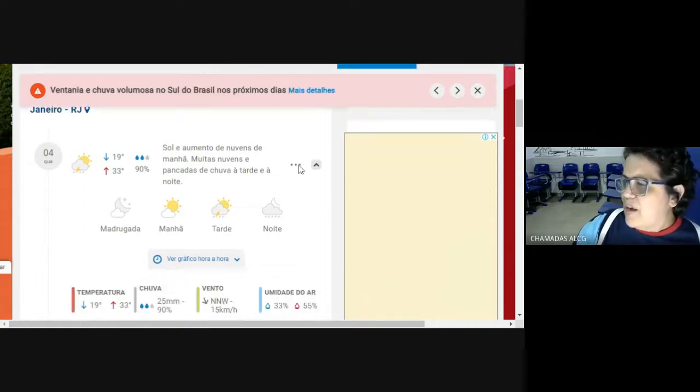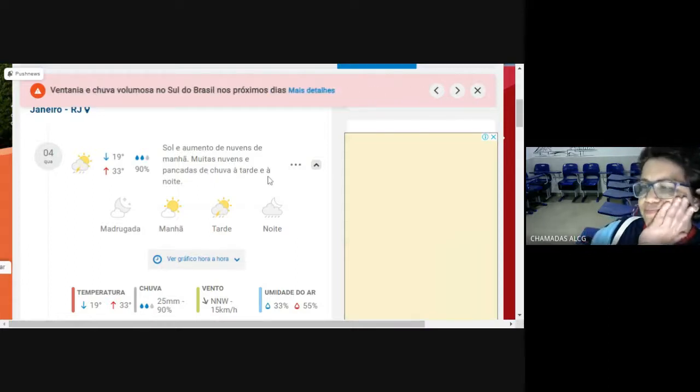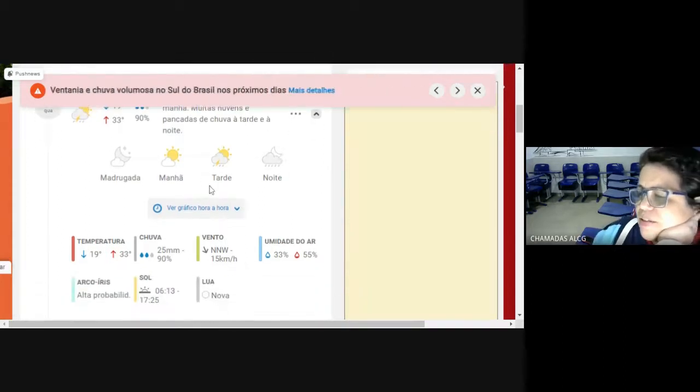So we have for today, tomorrow, the temperature seems to be going down 19 degrees Celsius, but it's okay. It's nice. It's warm. But look at the prediction here. Look at the forecast. A lot of clouds and rain showers in the afternoon and evening. That doesn't sound good.